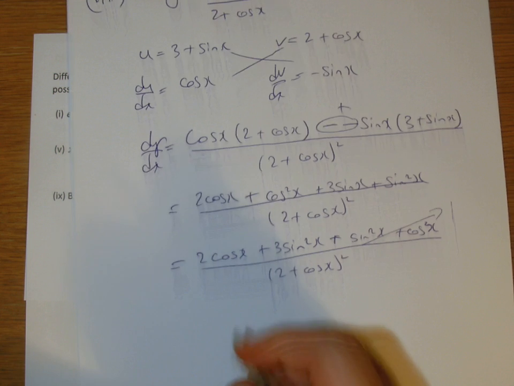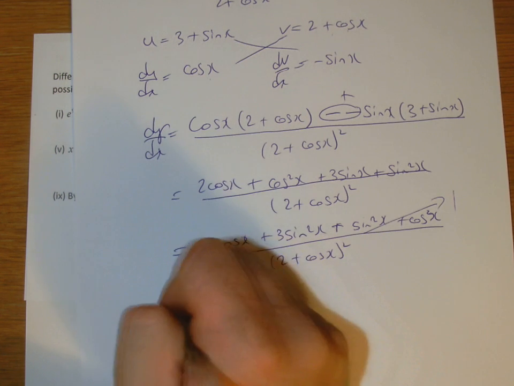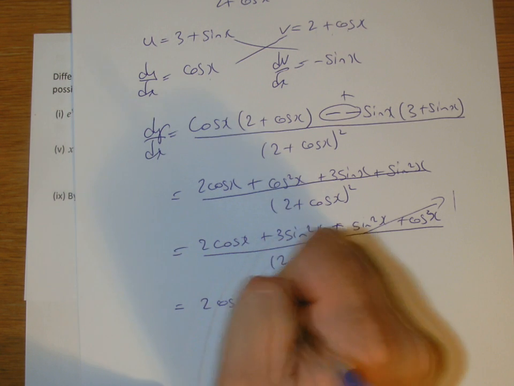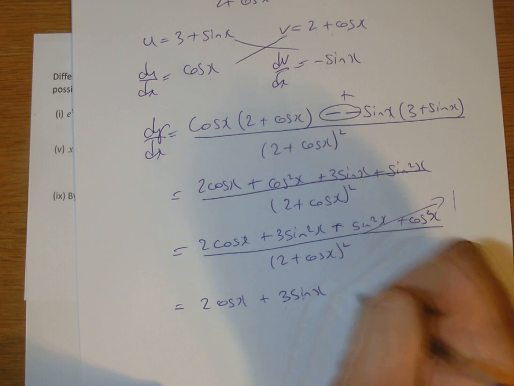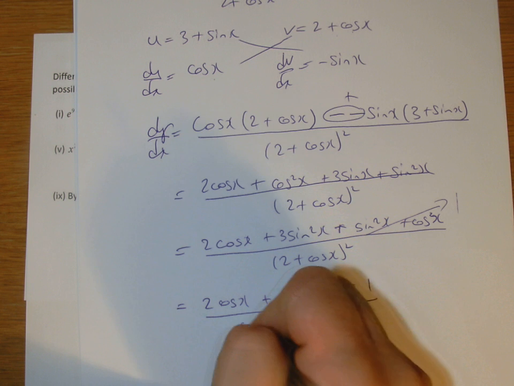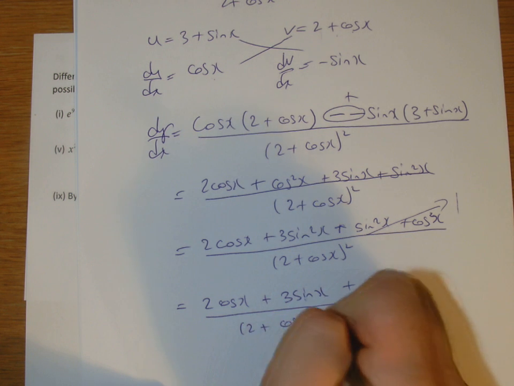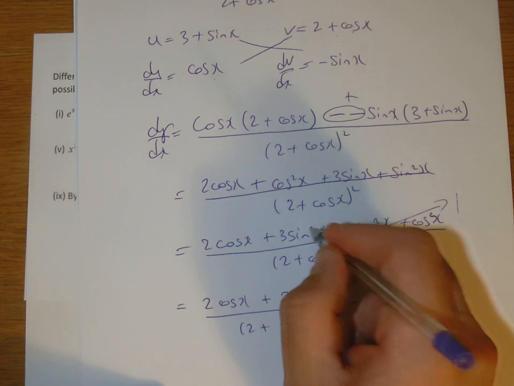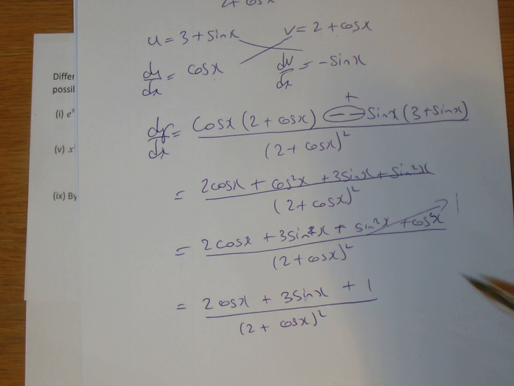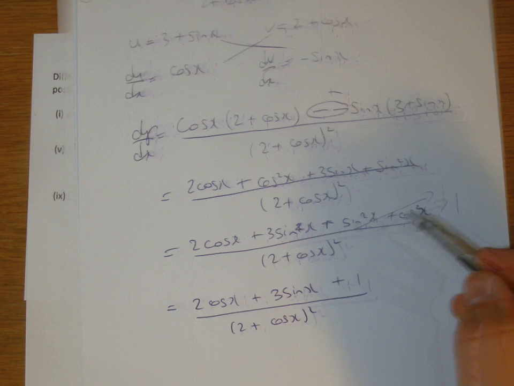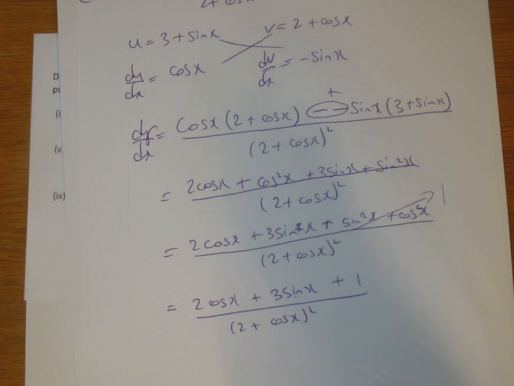So my final answer is 2 cos x plus 3 sin x plus 1 over 2 plus cos x all squared. Okay, so a little mistake there, it shouldn't be squared. I got that from here, and that's your answer. We got rid of that by making it 1, and that's the final answer.